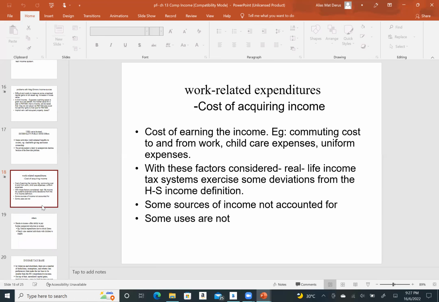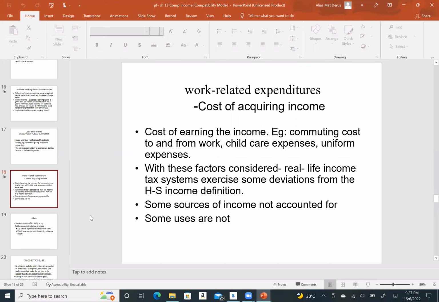Right, that's number one. Number two, work-related expenditure, the cost of earning the income. For example, when you work, you may have to spend some money commuting from home to the office. Probably you have to buy some dresses, uniforms. If you have children, you have to take care of expenses in the nursery, childcare, this kind of thing.